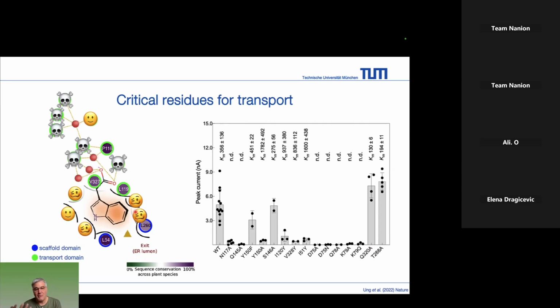And when you think about it, that actually makes sense from an evolutionary standpoint, because the transport mechanism is something you really want to conserve. But if you want to be able to adapt to substrates, and evolution can drive other substrates here to be accepted by this transporter, then it actually makes a lot of sense that these mutations are somewhat forgiving.